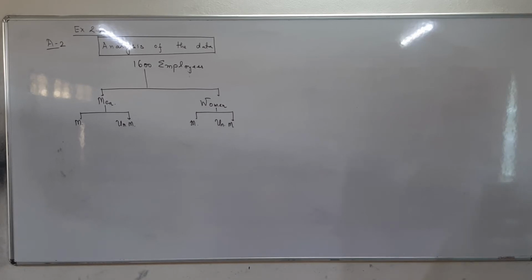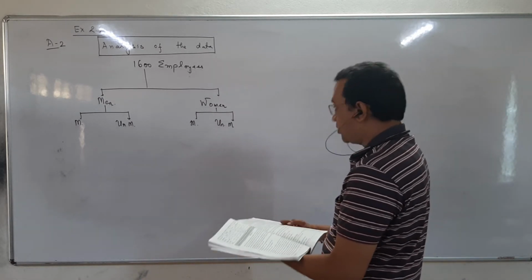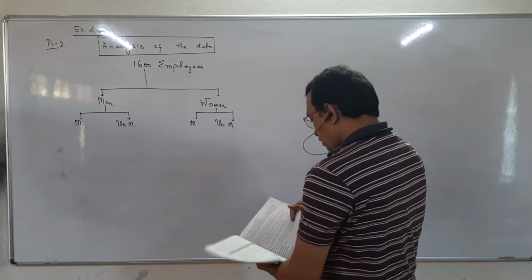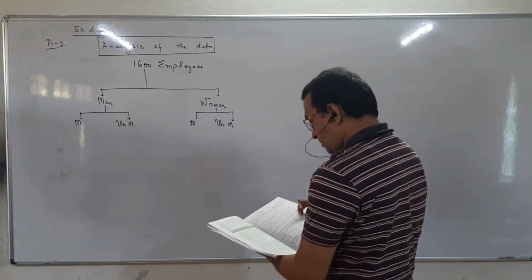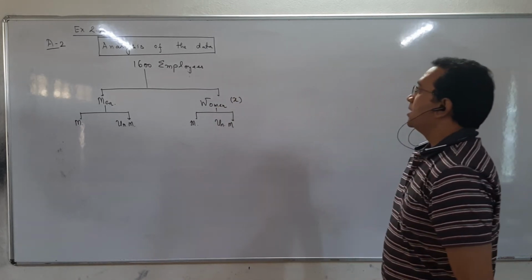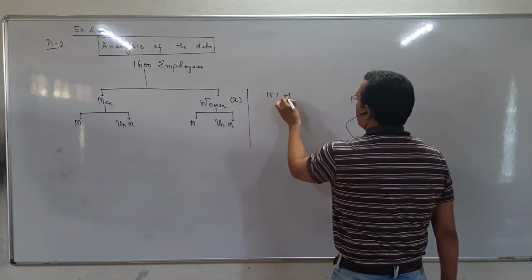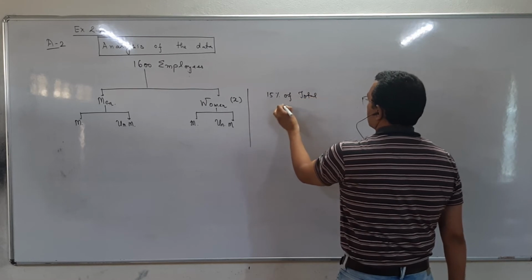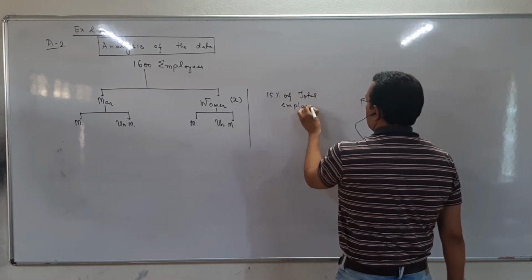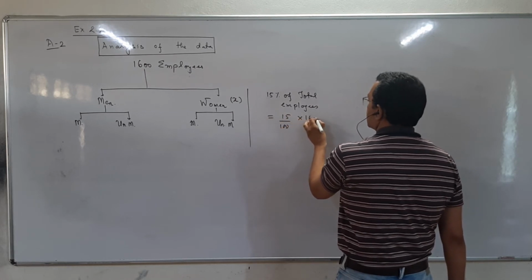Now, total employees were 1600. Among these employees, the number of men exceeded the number of women by 15% of the total number of employees. Suppose number of women is X. Now 15% of total employees is equal to 15 by 100 into 1600.